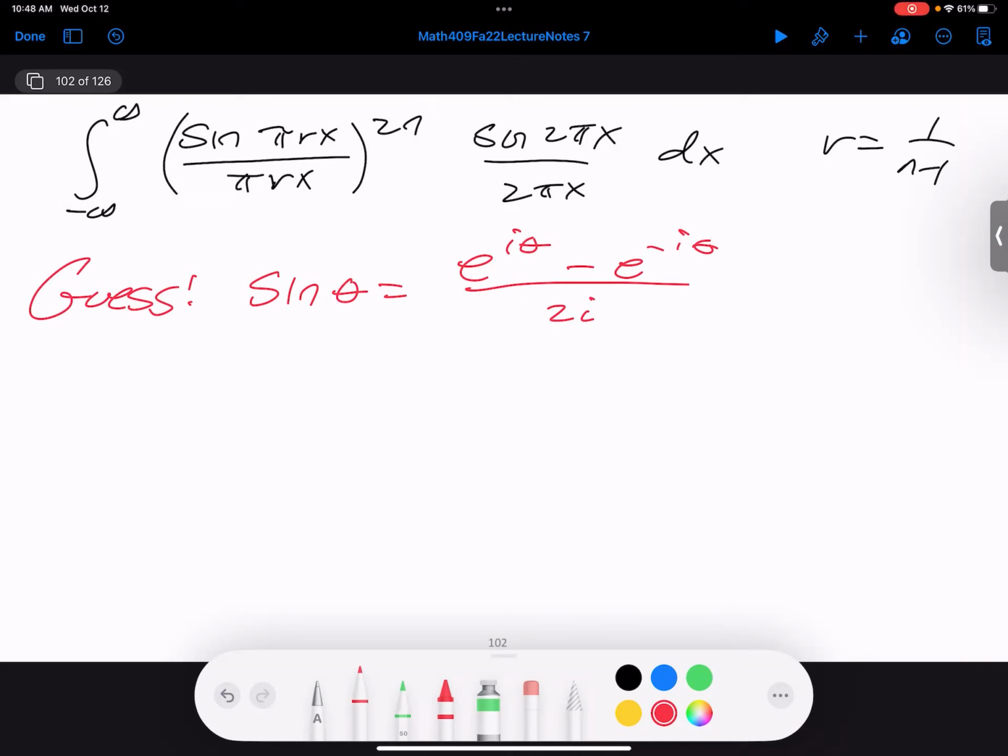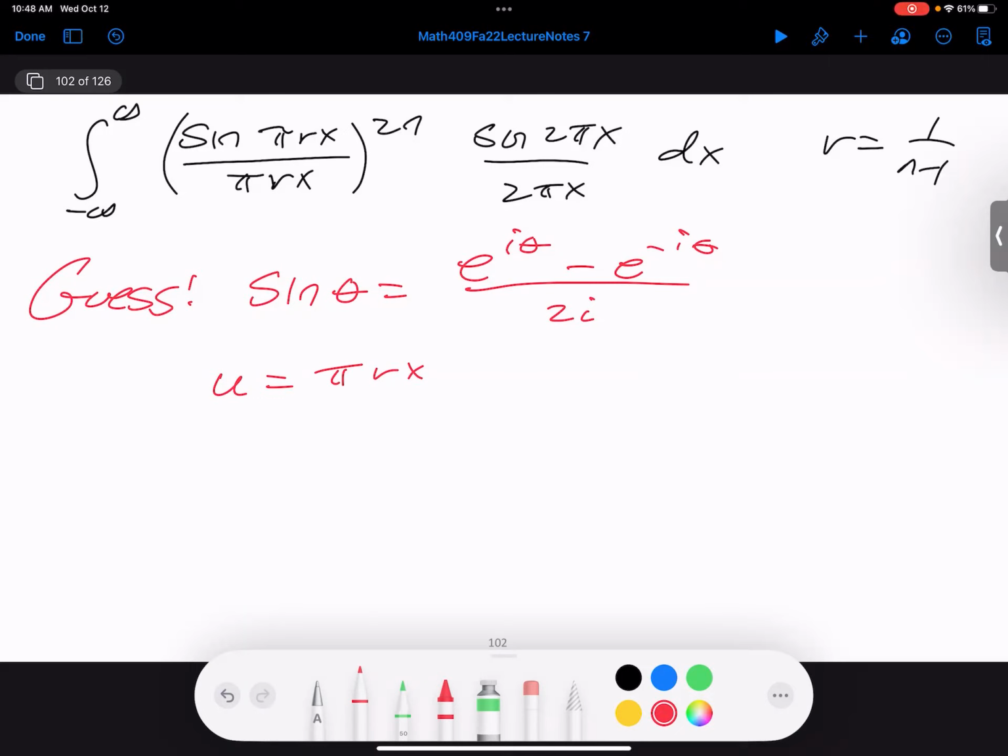You can do some changes of variables. If people are interested, I would choose u to be pi nu x. That will make the term to the nth power look nice at the cost of making this one look a little bit messier. Well, I'd rather have the term to the nth power looking nice and just move some of that to the other.